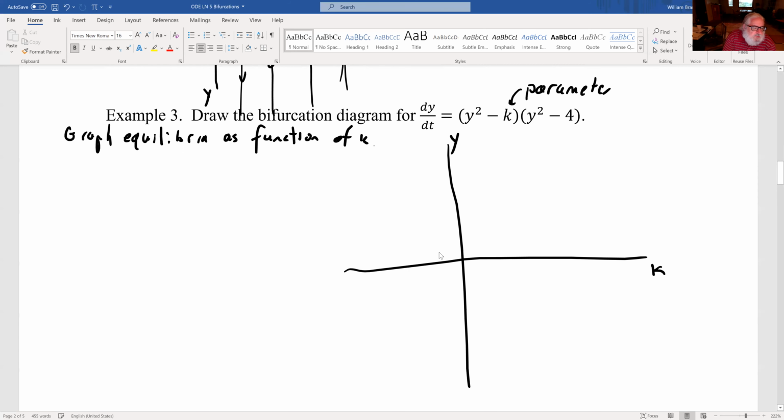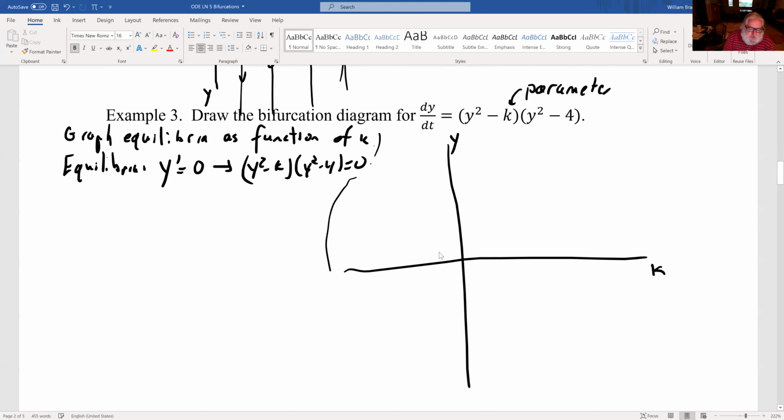So what's the equation for equilibria? Well, equilibria are when y prime equals 0, which in this case is (y squared minus k) times (y squared minus 4) equals 0. And I'm going to draw a little thing here so I don't bleed over too much into my picture.